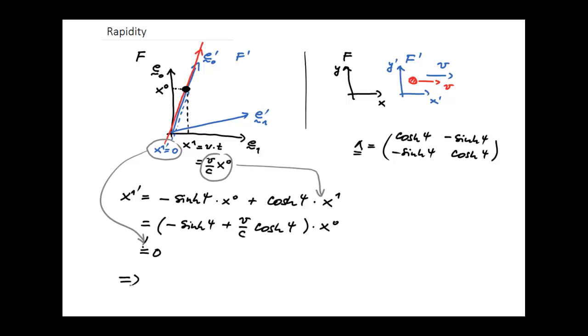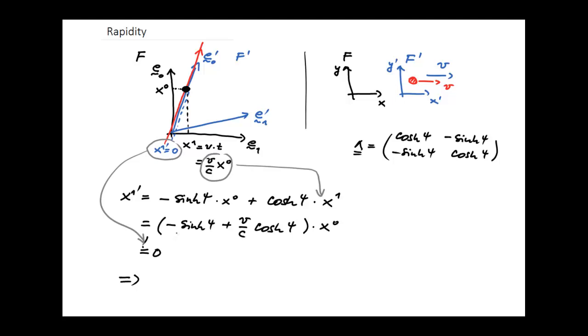Now this implies an equation for rapidity. If this is supposed to be 0, and that must hold for arbitrary values of x naught, then the bracket in front of the x naught must vanish. So in other words, v over c times the hyperbolic cosine must equal the hyperbolic sine. We can divide by the hyperbolic cosine, and then we have v over c must equal the hyperbolic tangent of psi.